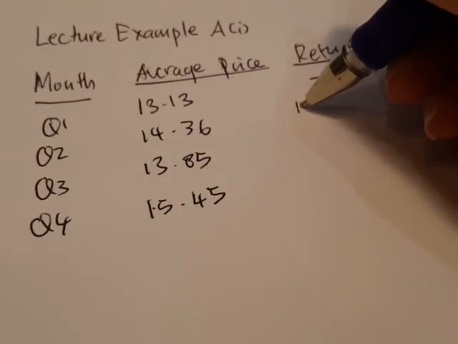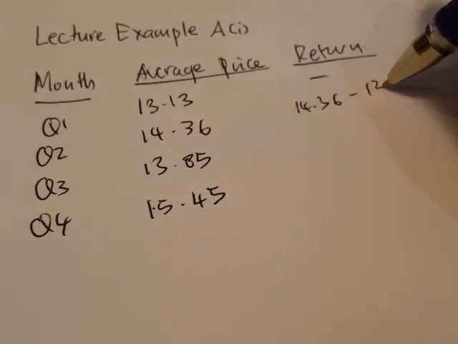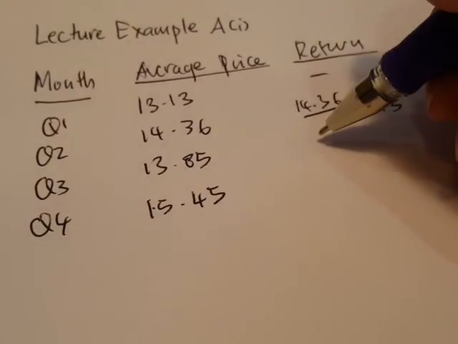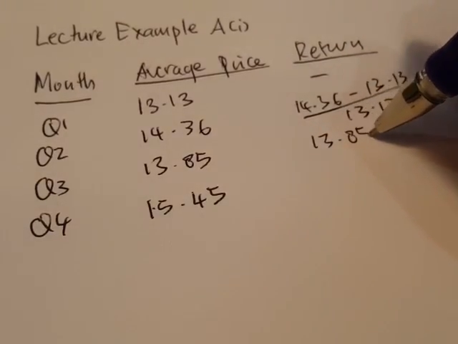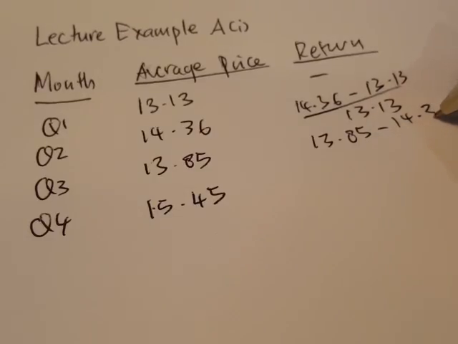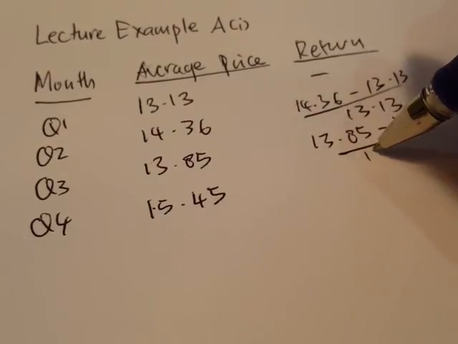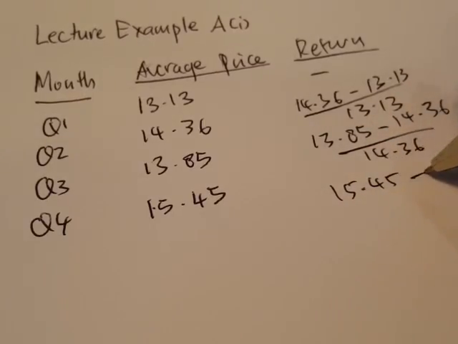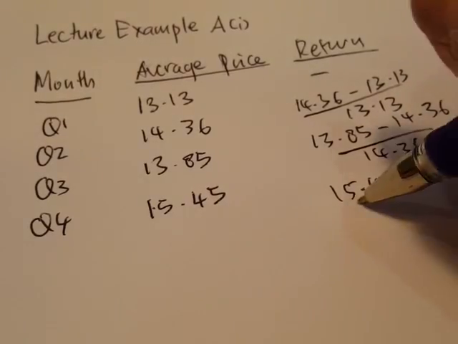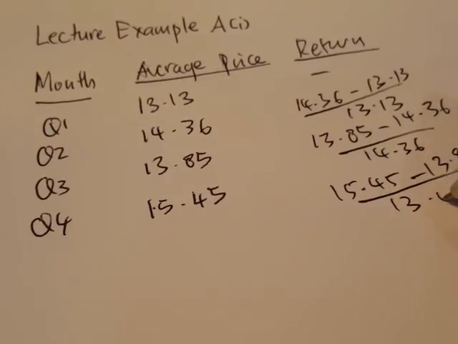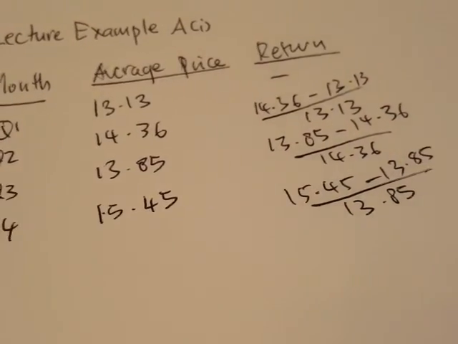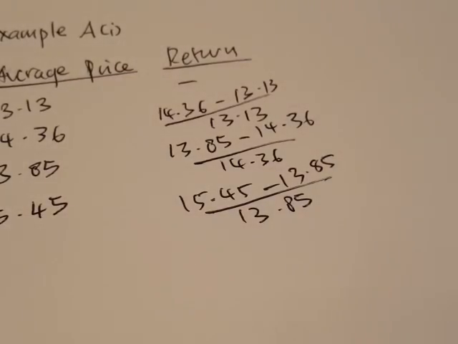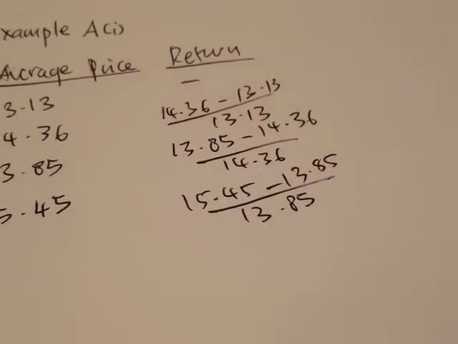Second year, yes, 14.36 minus 13.13 over 13.13, 13.85 minus 14.36 over 14.36, 15.45 minus 13.85 over 13.85, and from here we can determine the percentage.